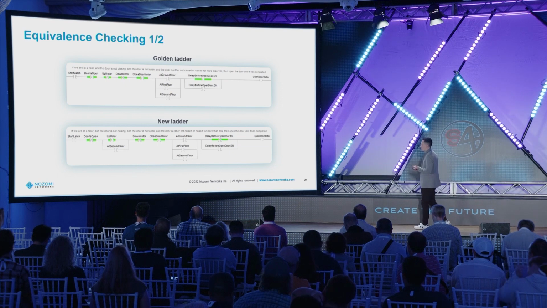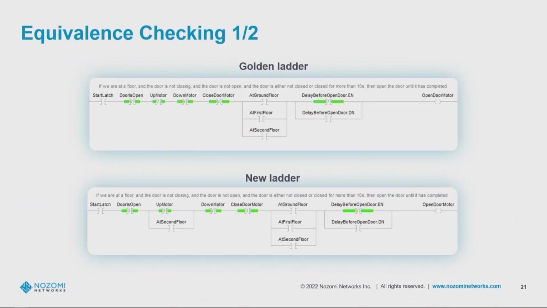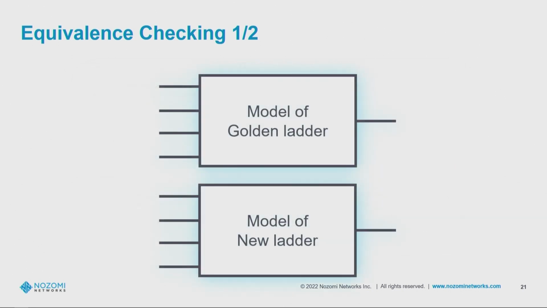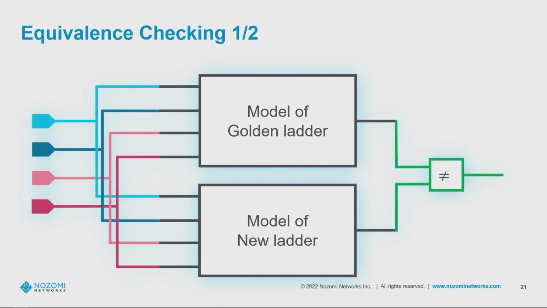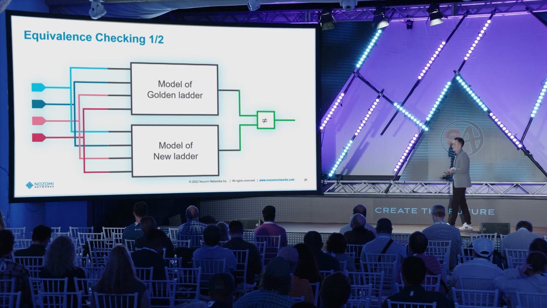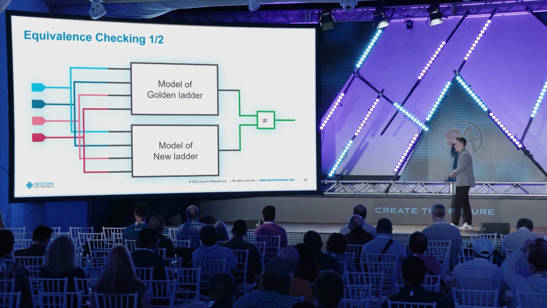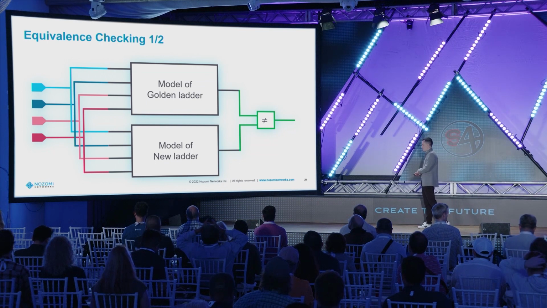So how can we do that? Well, instead of defining the requirements and translating the model of the programs, we actually translate both models of the program. And inside the translation, we connect the input values, the input signals, to both the golden and the new ladder.